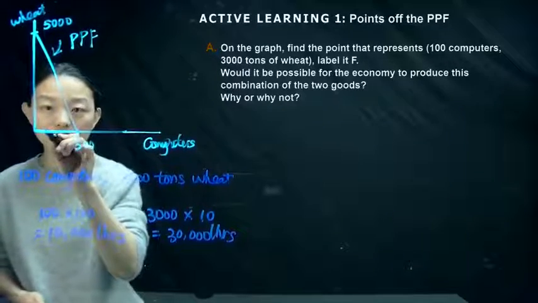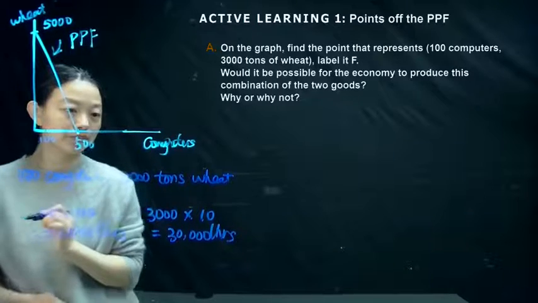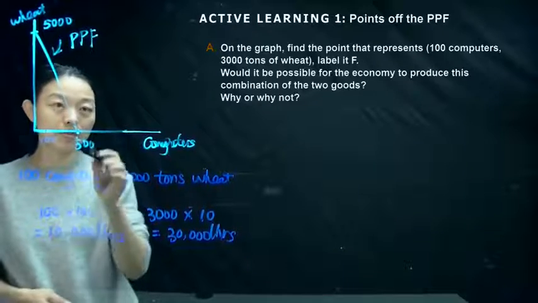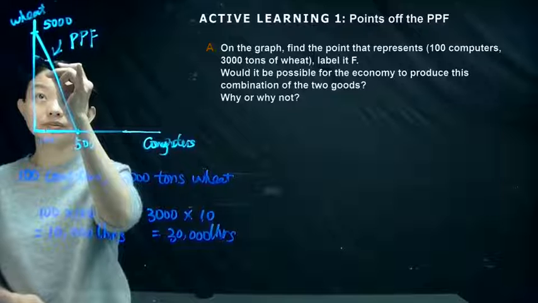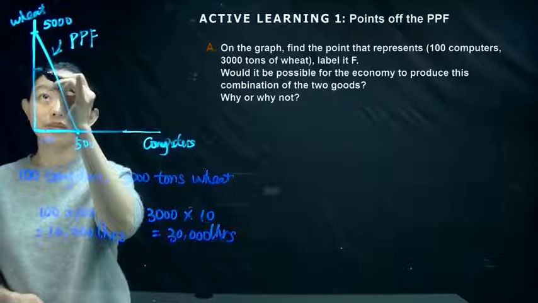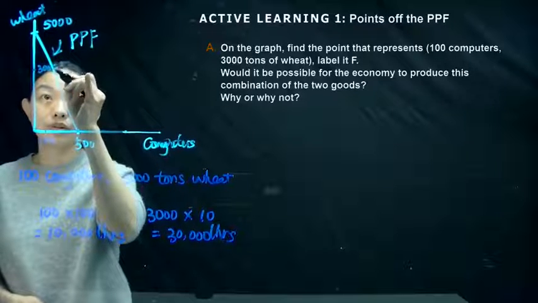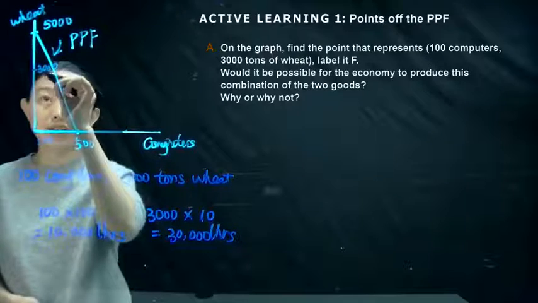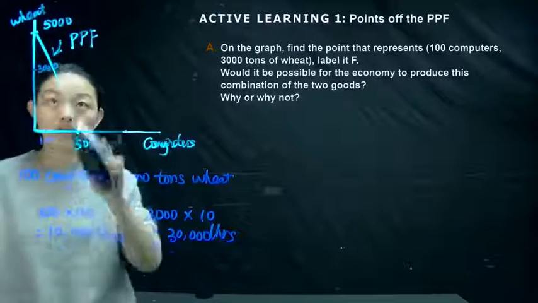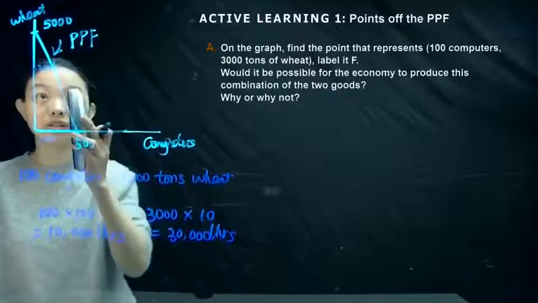Then how can we find this point? You just mark 100 computers and 3,000 tons of weight, and then you link this combination, okay?